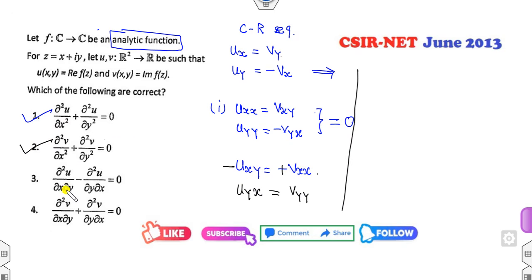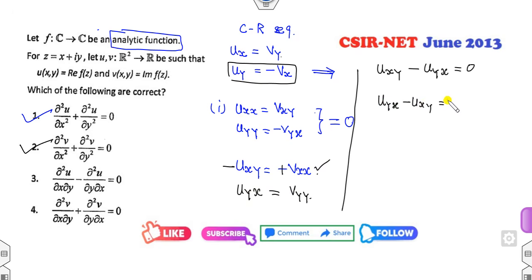Third property, your target is to prove whether u_xy minus u_yx is 0 or not. I can differentiate this with respect to x, so you will get this number, and u_yx, you will get this number. If you add them, the meaning of the addition is u_yx minus u_xy, which is v_xx plus v_yy.